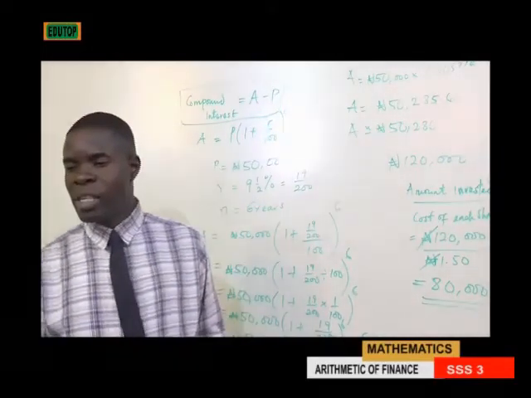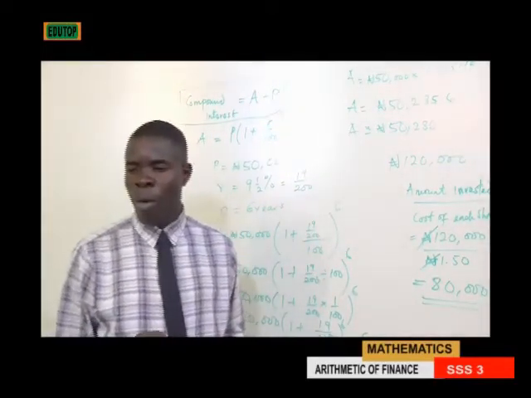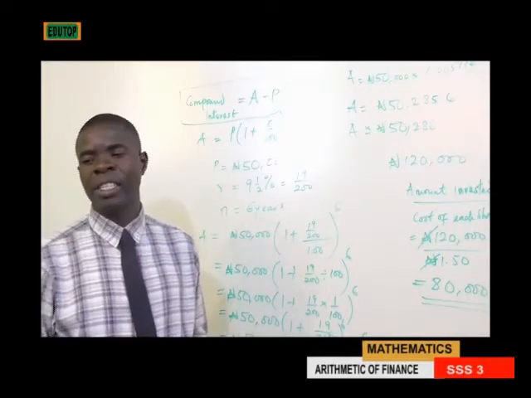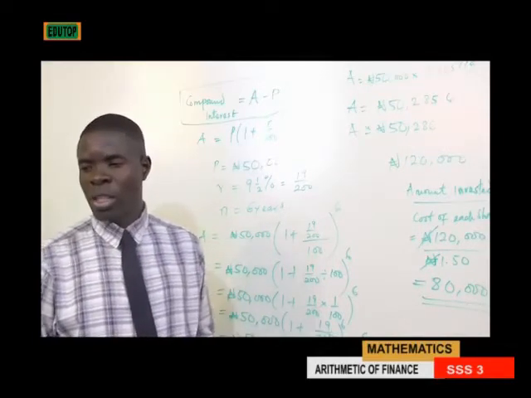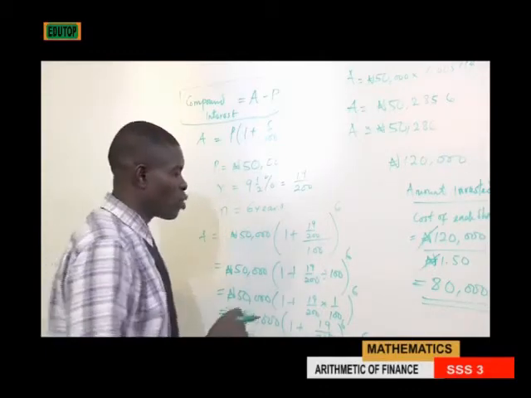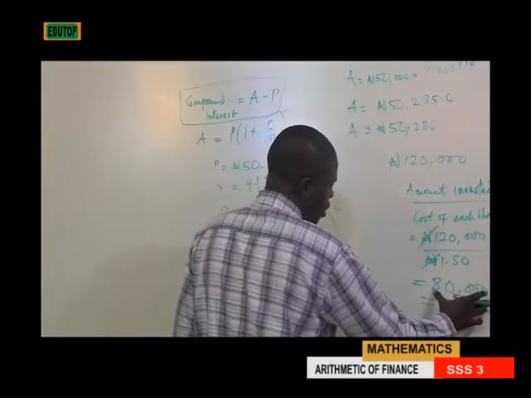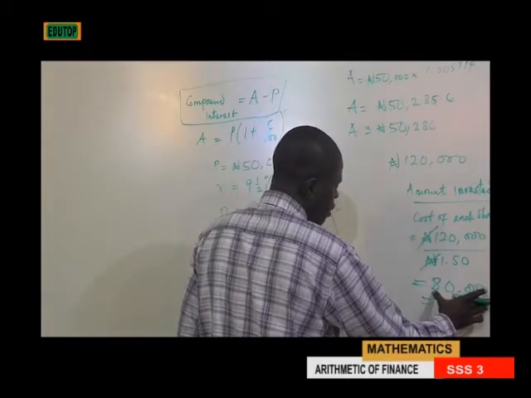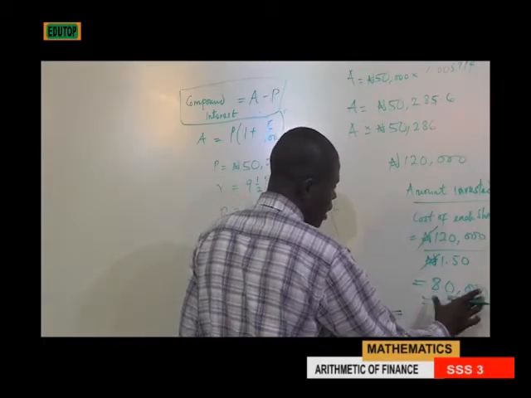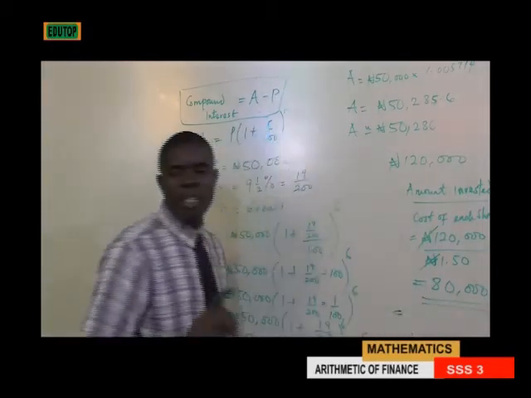Then if the dividend of 8 kobo per share is declared, how much dividend does he receive? If you want to know the dividend that he received, since the number of shares involved here is 80,000, then you have 8 kobo per share.